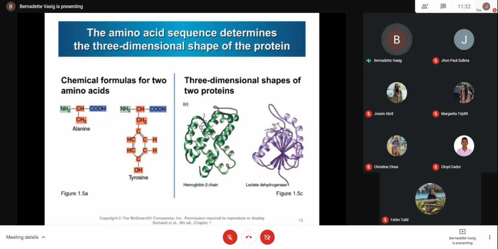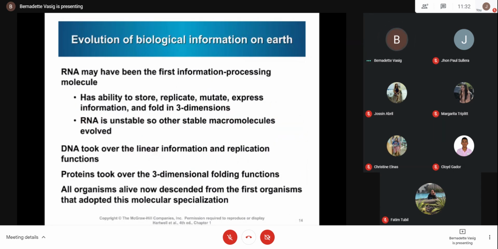So for the secondary structure of the protein, we have alpha helix and then we also have beta pleated shape. So here we have hemoglobin beta chain. This hemoglobin beta chain is just a component of the hemoglobin molecule. And of course, we also have lactate dehydrogenase.